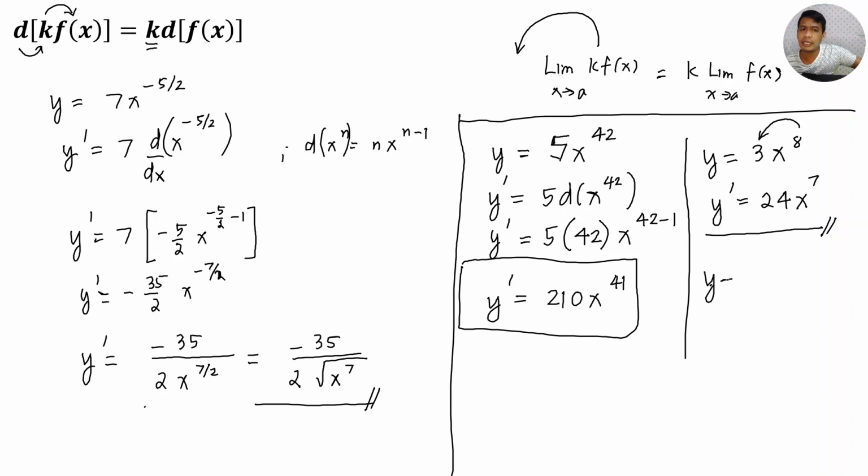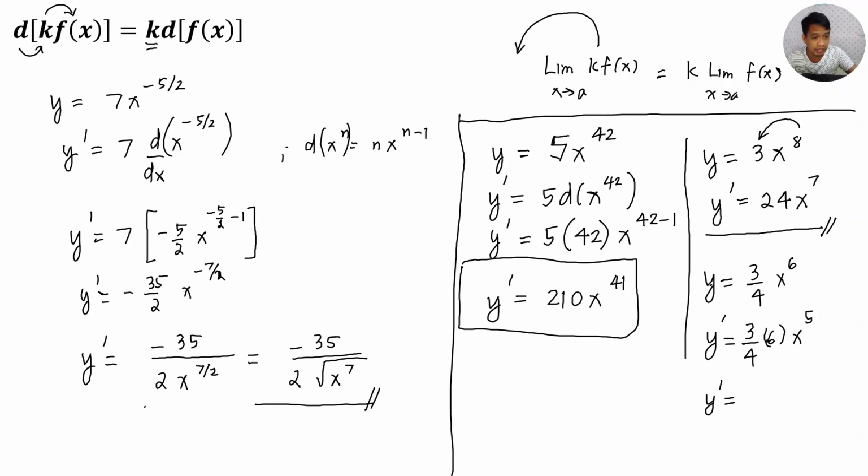How about y is equal to, say, 3/4 x raised to the 6th power. So again, what we do is to multiply 3/4 by 6. That's 3/4 multiplied by 6, x raised to, subtract 1 from 6 is 5. Then simplifying that, y prime is equal to, I forgot to put the y prime, so don't forget that.